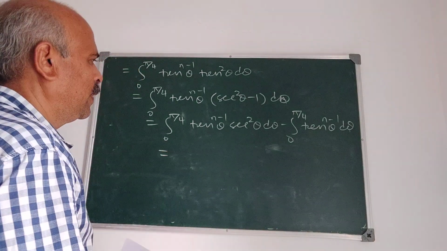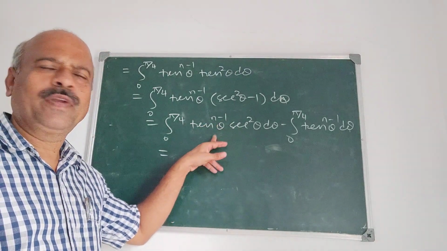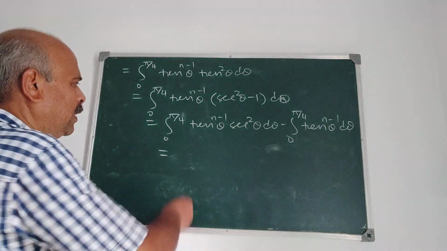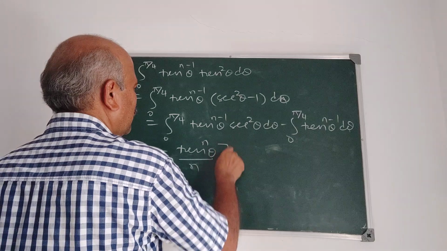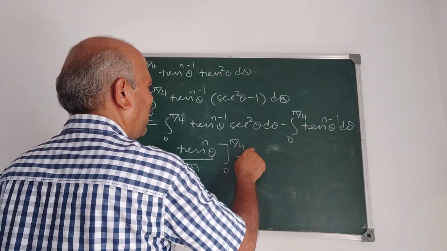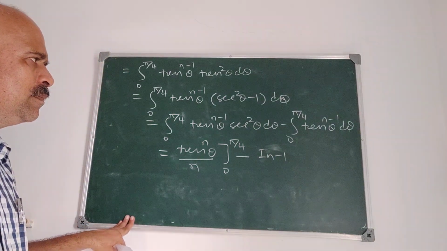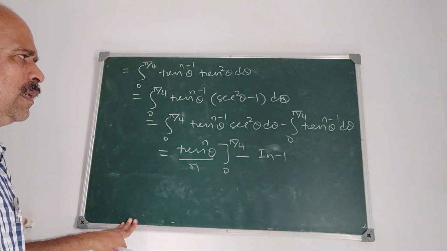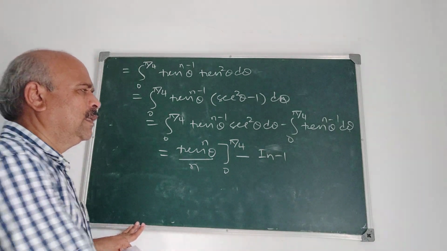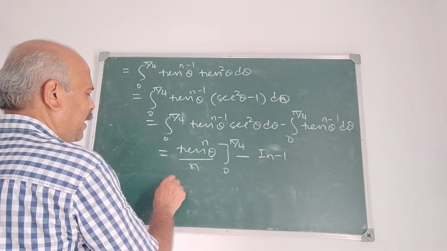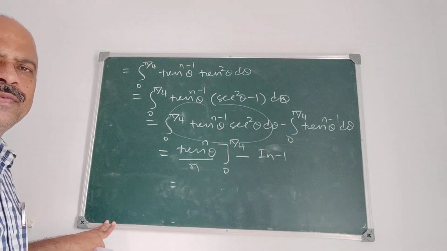As in that problem, it is f x raised to n into f dash x. What is the integration? Tan theta raised to n upon n from 0 to pi by 4, minus In minus 1. Since we have taken 0 to pi by 4 tan theta raised to n as In, it is In minus 1. And for the first one, it is f x raised to n into f dash x form.